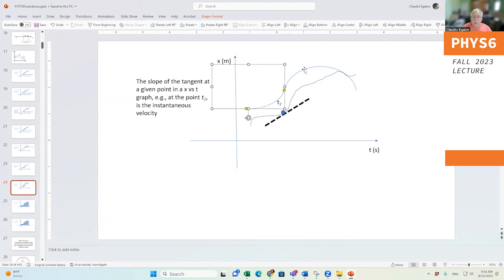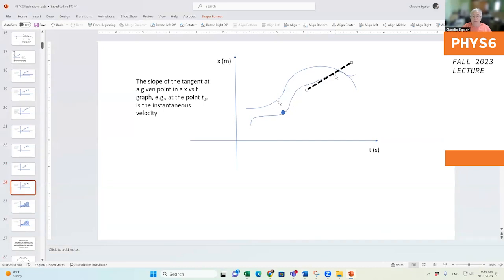In this case here, if I'm taking the tangent at this point, it is intersecting the line.